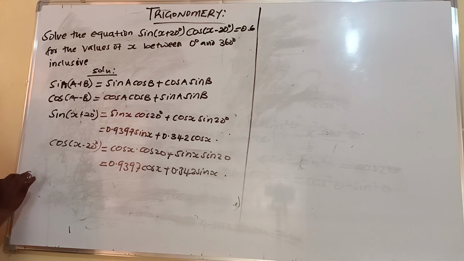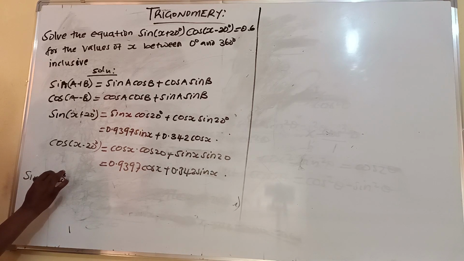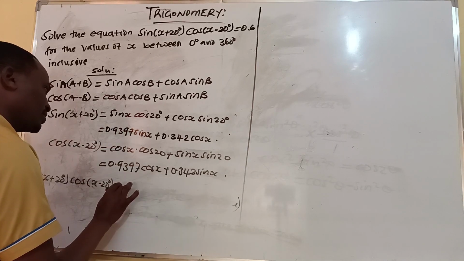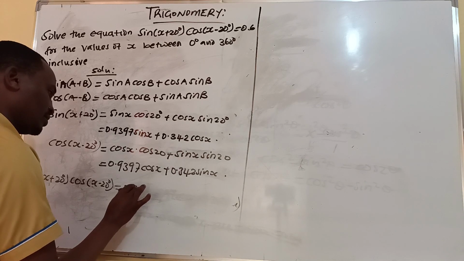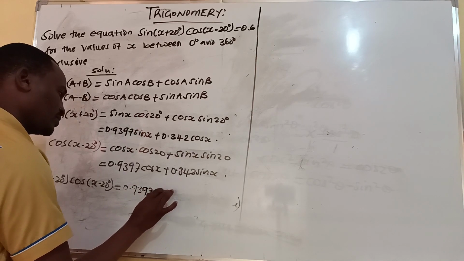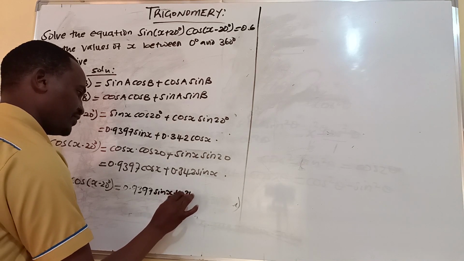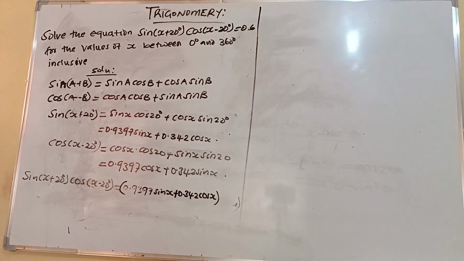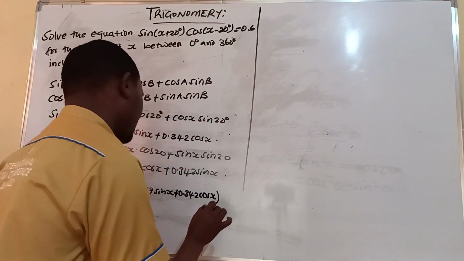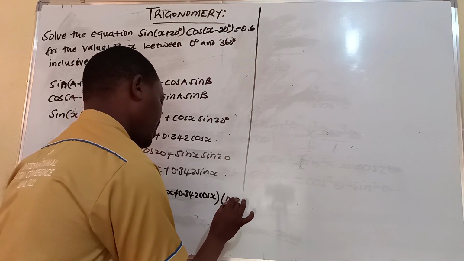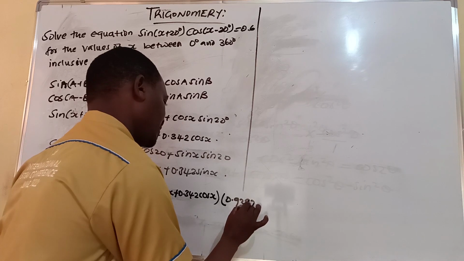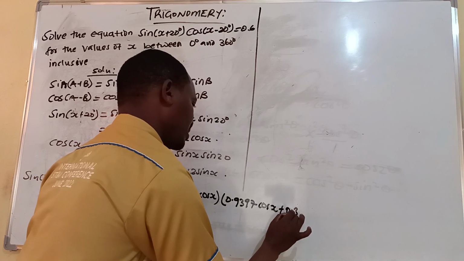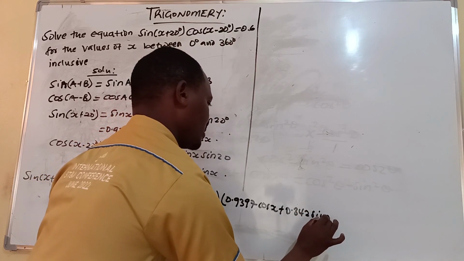Sin(x + 20 degrees) times cos(x - 20 degrees) is equal to (0.9397 sin x plus 0.342 cos x) times (0.9397 cos x plus 0.342 sin x).